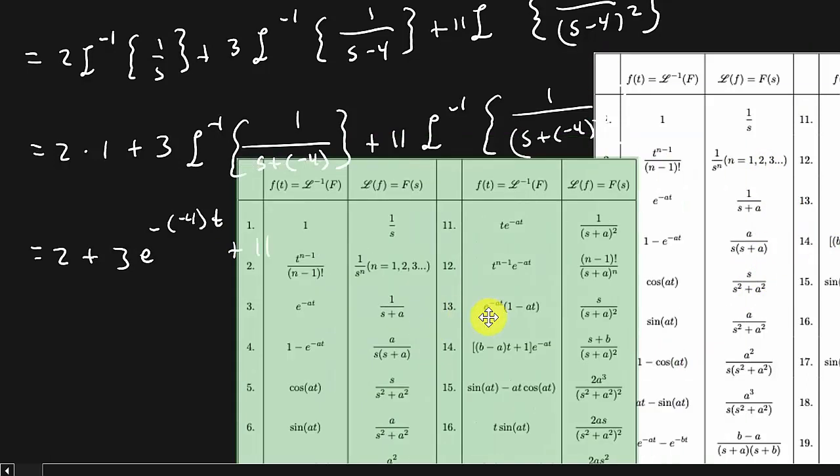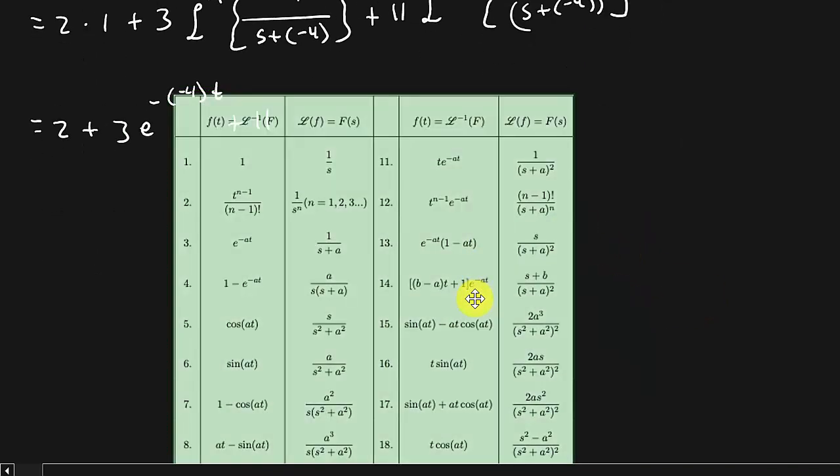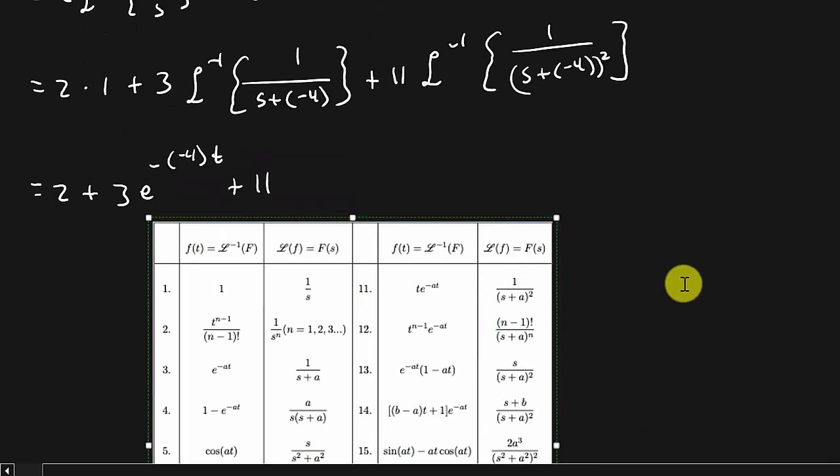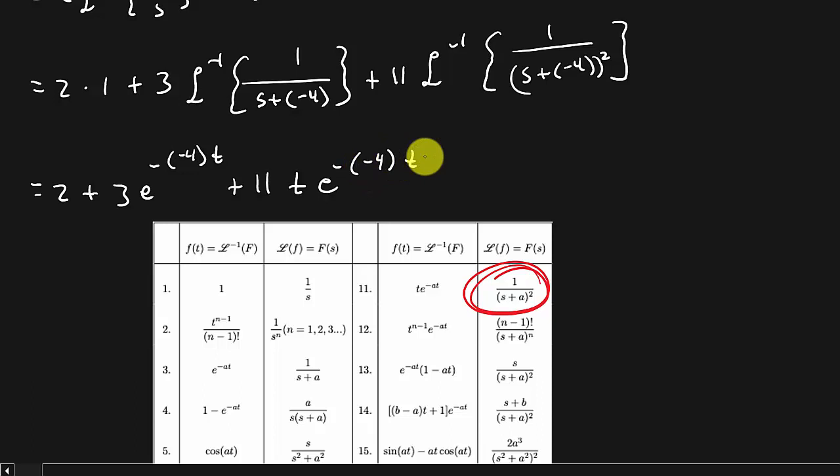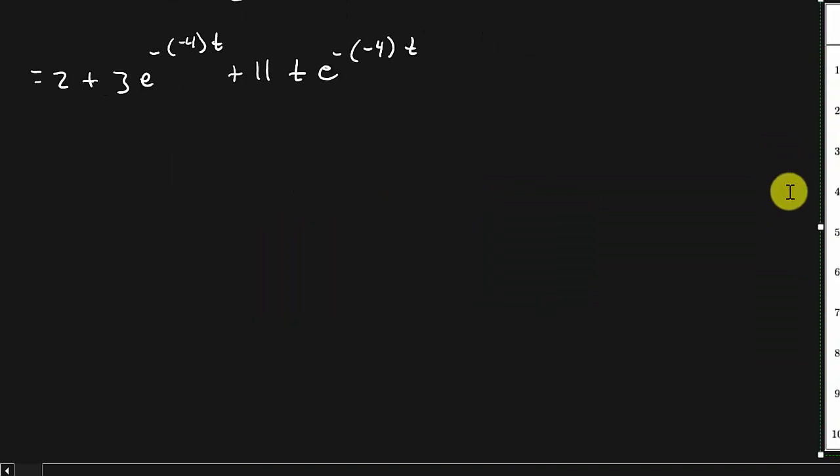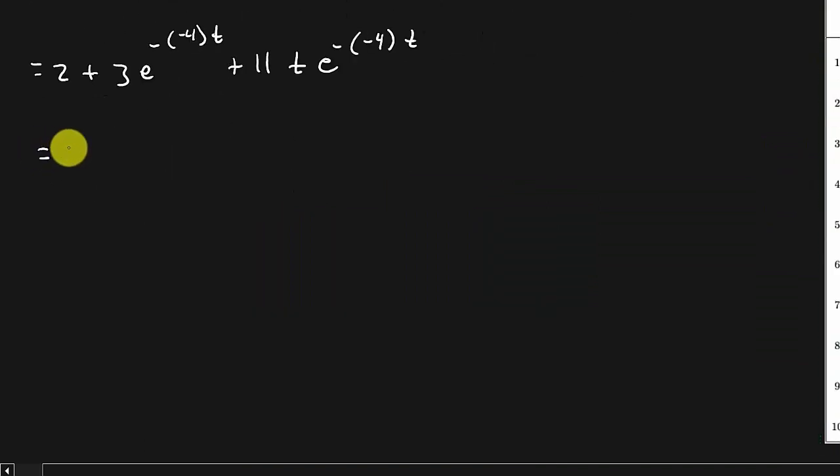That's this one right here. In this case, a is negative 4. So it's going to be t e to the negative at, with a negative 4, so t e to the 4t. So there you have that. And so we've got 2 plus 3e to the 4t plus 11t e to the 4t.